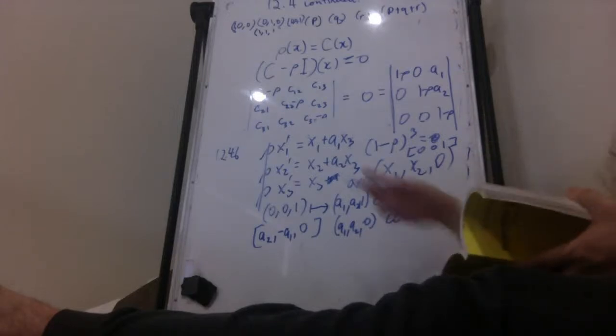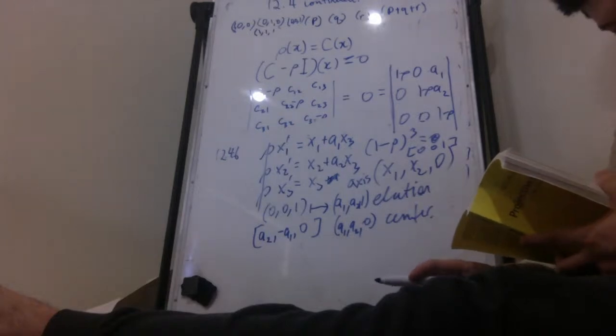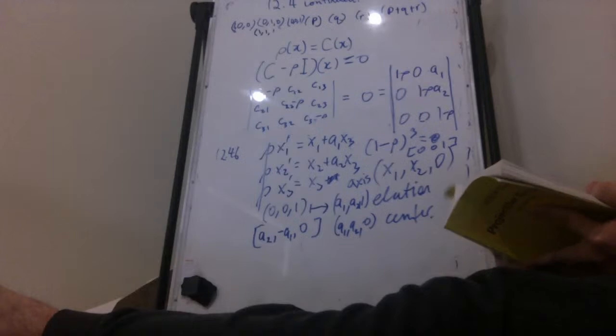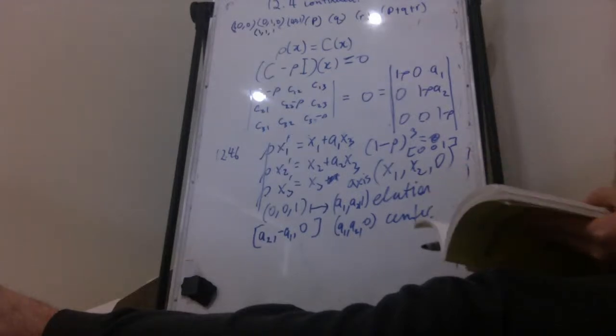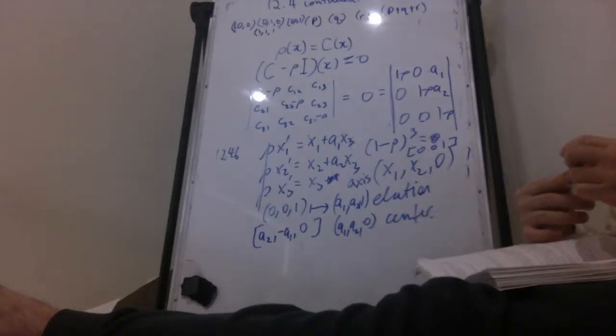It's basically just rewriting this with the big X's instead of the little x's. Okay. And the fact that they almost look the same is significant, okay? Because that's the beginning of a polarity, which is going to be what's in the next section. Okay, so that finishes 12.4.